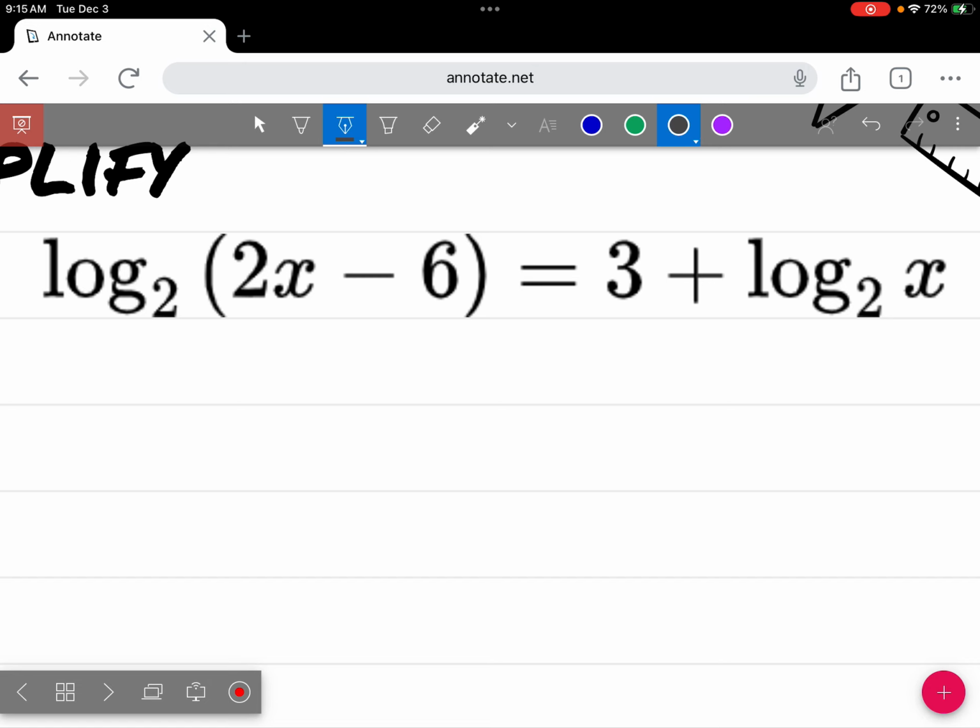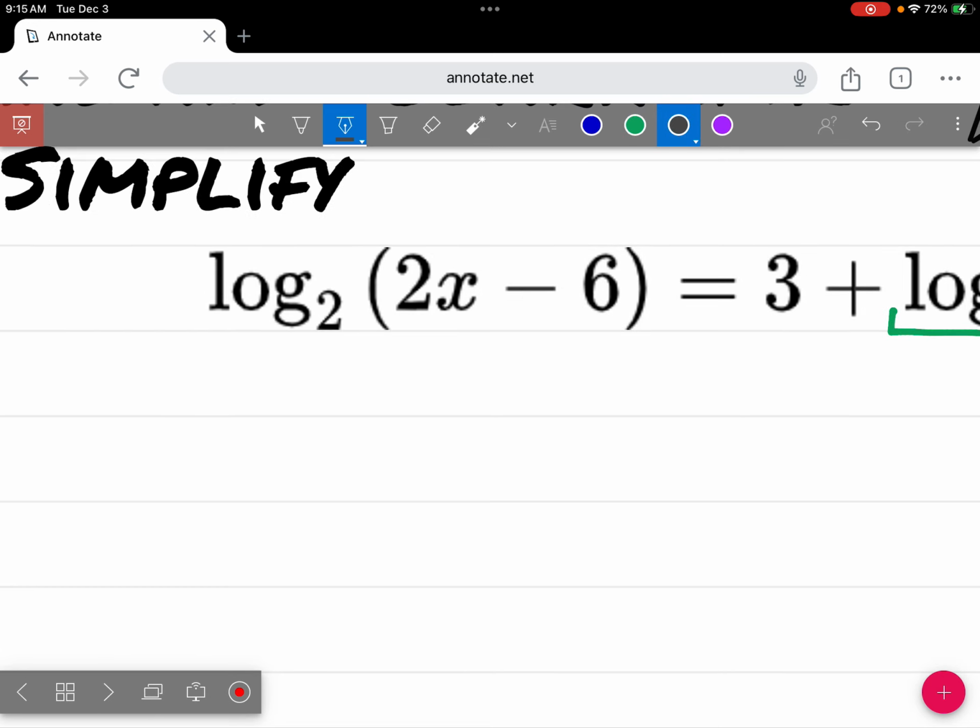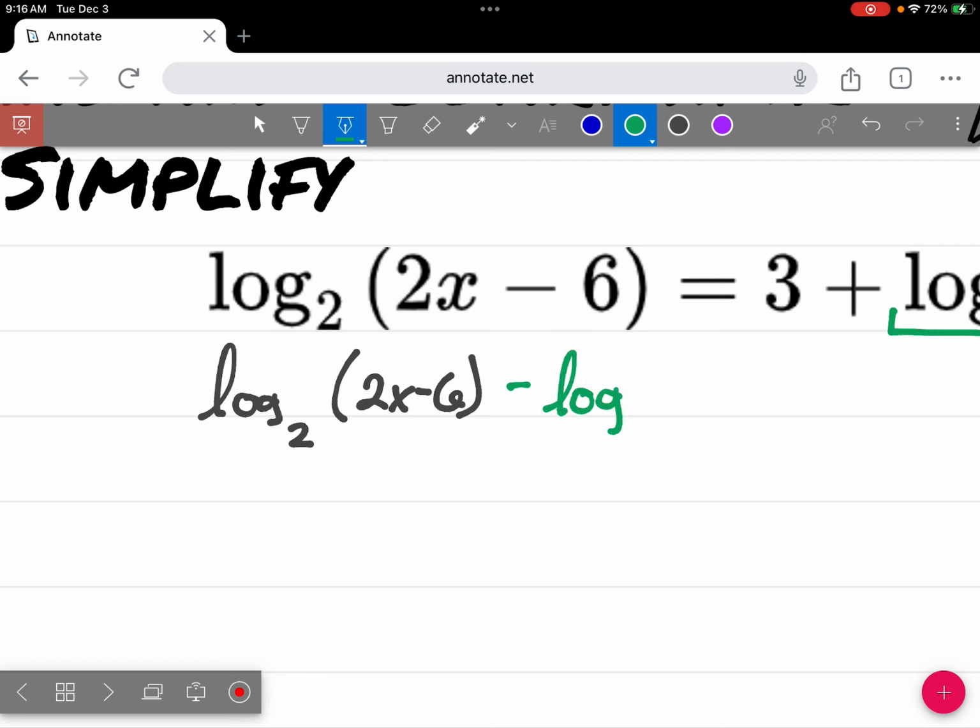Yes, I want to get my logs together. So I'm going to subtract this guy, leaving the 3 alone. So we're going to have our log base 2 of 2x minus 6 minus our log base 2 of x equals 3.